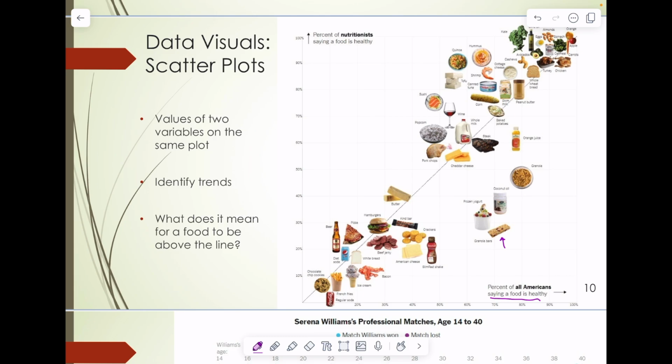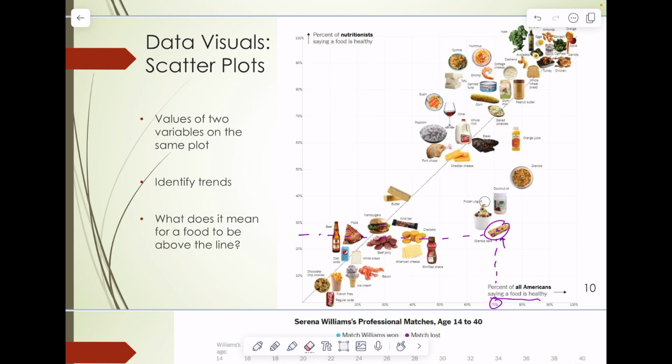Two different variables for each one food. And then you plot it. So the granola bar, for instance, and it's a little bit vague, but we don't need to be precise here. It looks like about 70% of Americans say that that food is healthy, whereas only 25% of nutritionists, of professionals, say that that food is healthy.